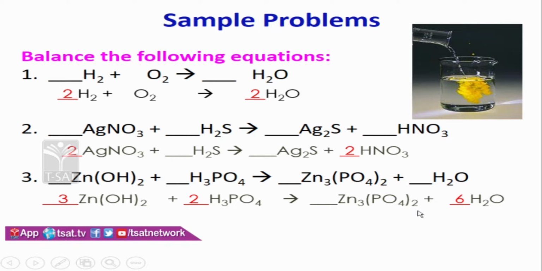So, 14 oxygens we have to get on the right hand side. See here, 2 into 4, 8 oxygens plus 6. So, oxygens are balanced. Then hydrogen, 3 into 2 into hydrogen, so 6 hydrogen atoms plus 2 into 3 hydrogen atoms, that means 6. So, totally 12 here also, it is balanced.